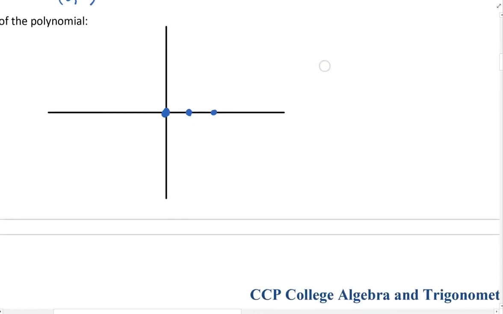We have intercepts at 1, 0 and 2, 0 as well. With a leading coefficient that's negative, that means my right side tail is pointing down, and with a degree that's odd, that means the opposite tail has to be pointing in the opposite direction.